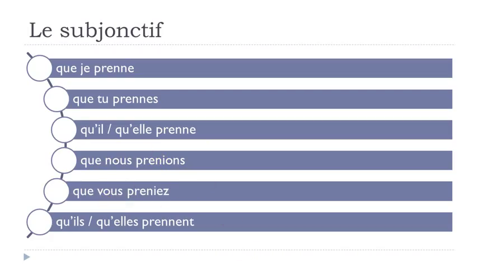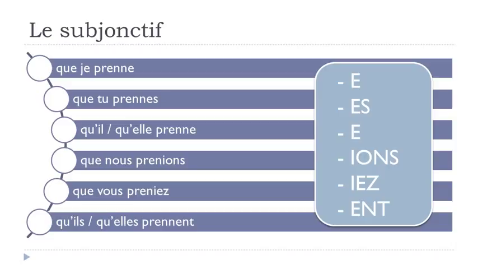Okay, but I took this special verb, prendre, to take, on purpose because I thought that it was quite difficult. So, you know, now you can see the way to make it. And after that, well, first we'll see back again one more time the endings. So es, ions, iez, ent.